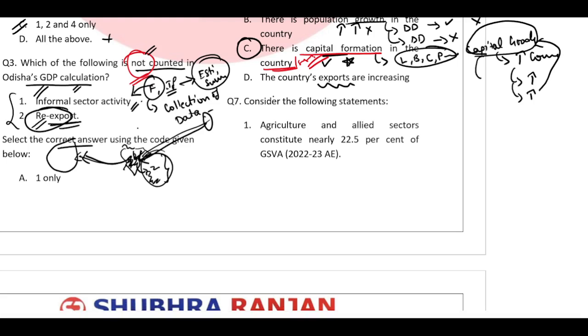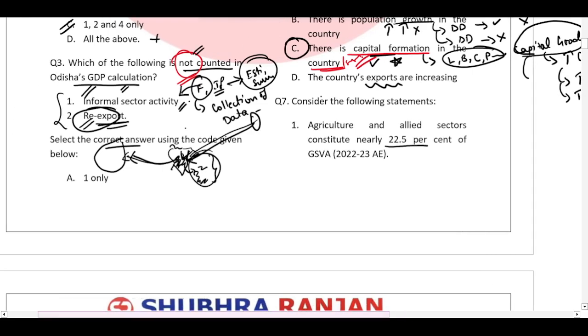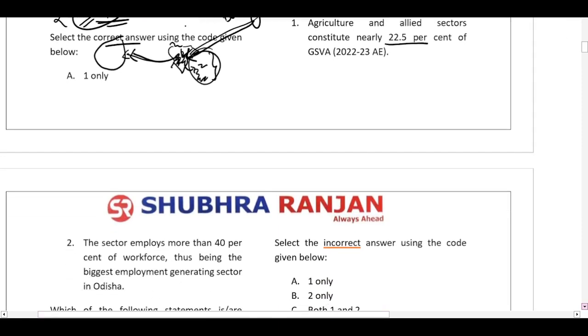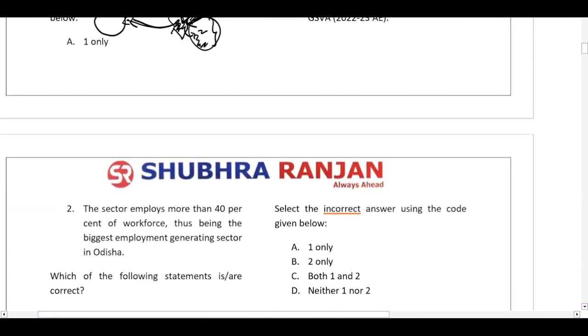Consider the following statements. Agriculture and allied sectors constitute nearly 22% of the GSVA, gross state value addition. The sector employs more than 40% of the workforce, thus being the biggest employment generating sector in Odisha.